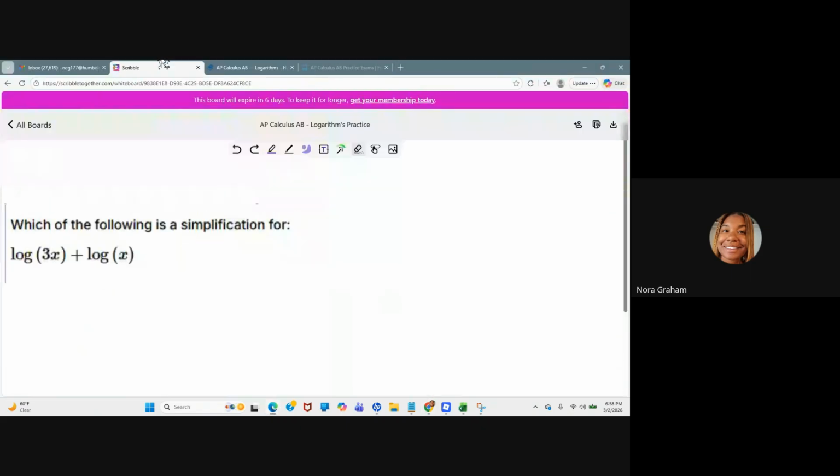For this one, it's not that bad. We have to remember we're going to be using the product rule. When we add both logarithms, we can write our insides as if they're multiplied. So log, and I'm just multiplying what's inside, 3x times x.